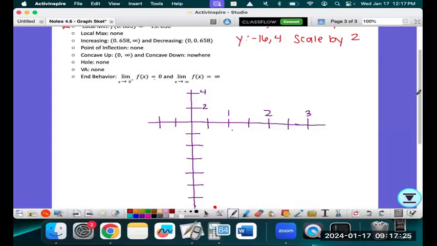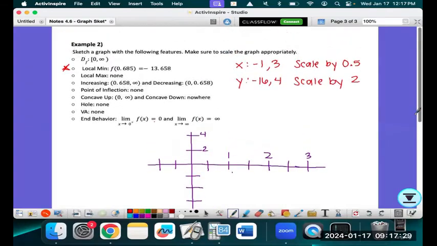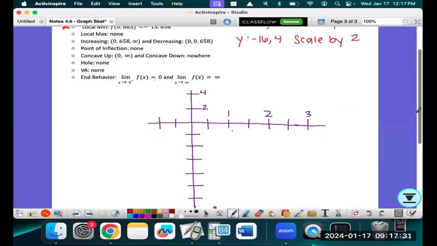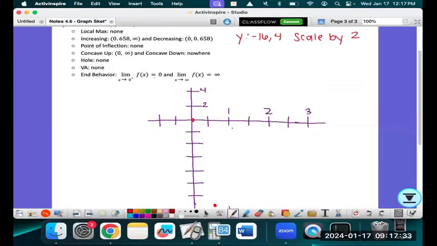I'm thinking that that might be an endpoint. And it's defined as 0, so I think we have a hole there. Or not a hole, an actual coordinate. That's what I just said. And then as we go to the right forever, we're approaching positive infinity. So going to the right, top right corner, and draw an arrow up.